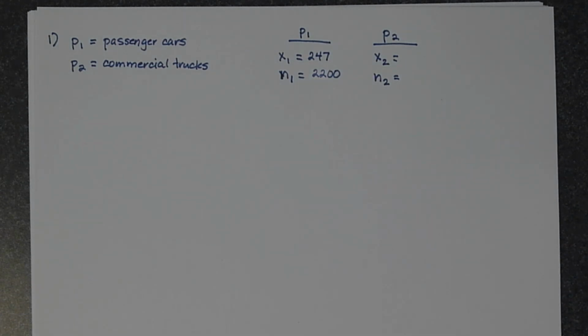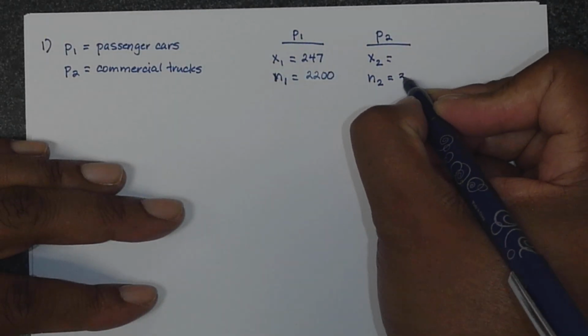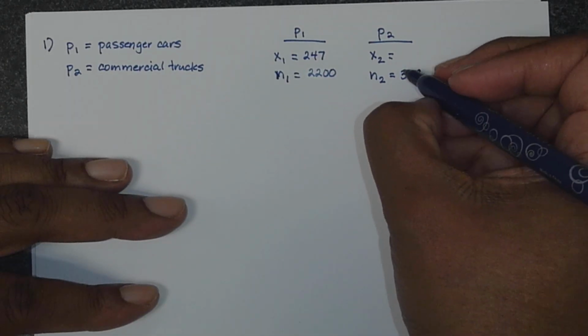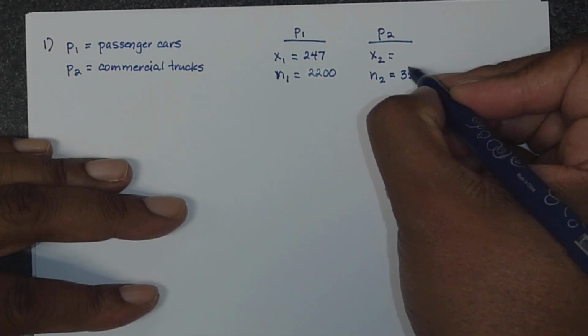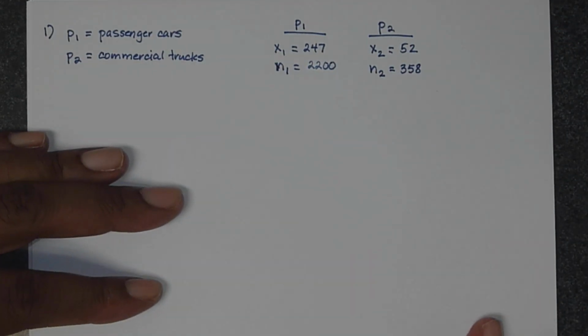And then going to the commercial trucks, which is represented by P2, among the 358 commercial trucks, that will be N sub 2. Only 52 only had rear license plates, so X2 would be 52 here. Okay.